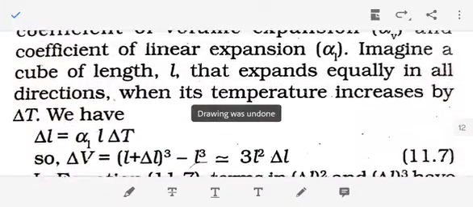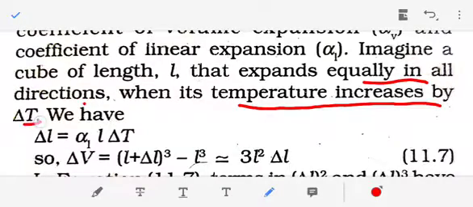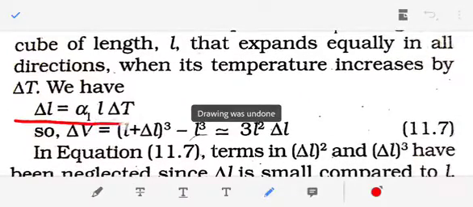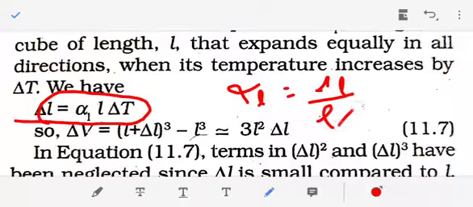We know that by linear expansion. Imagine a cube of length L that expands equally in all directions. When its temperature increases by delta T, we have delta L equals alpha L times L times delta T, because alpha L was delta L upon L delta T.